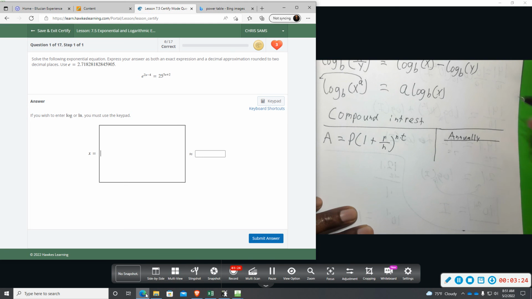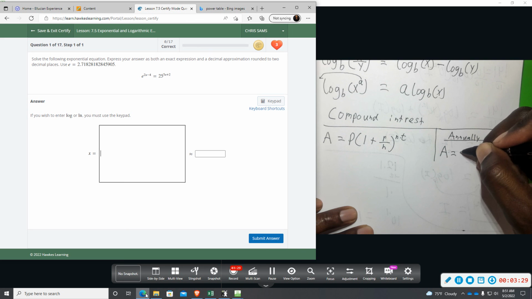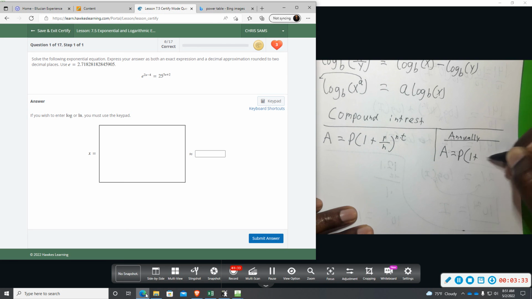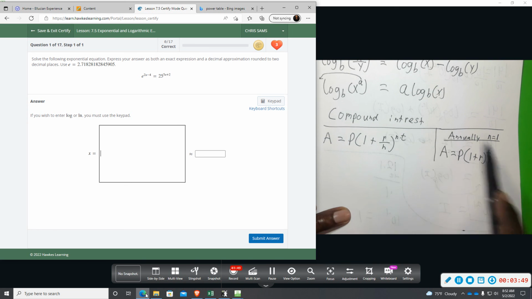The formula shortens up to be A equals P times 1 plus R raised to the T power. So annually means N equals 1. So when N is 1, when you divide by 1, you just get what you originally started with, and when you multiply by 1, you get the same thing you had.